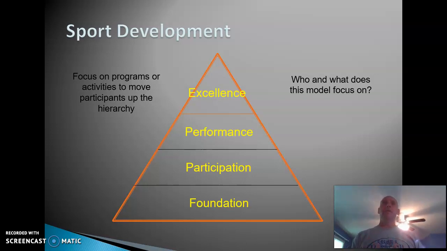But the big encouragement here is just participation, getting involved, and using sport as a way to participate in, I guess, life, right? And so we want that participation. And so then you move up, and as you get your skills and you find out that you really like this particular sport and maybe that you're good at it, you start focusing on performance.